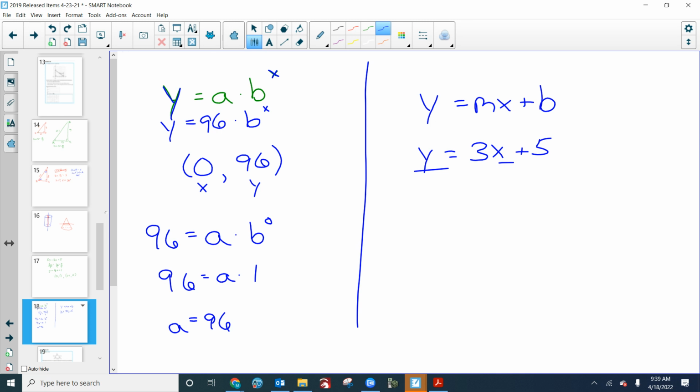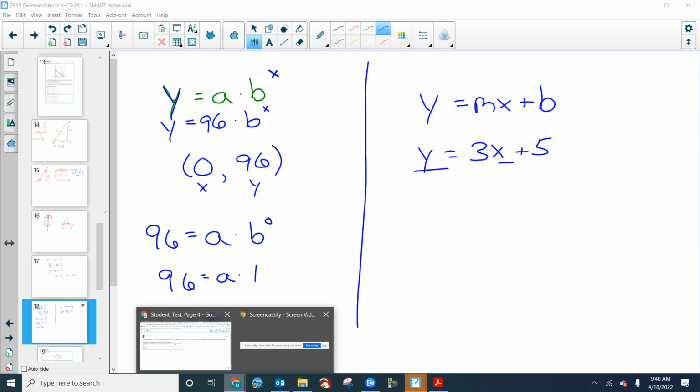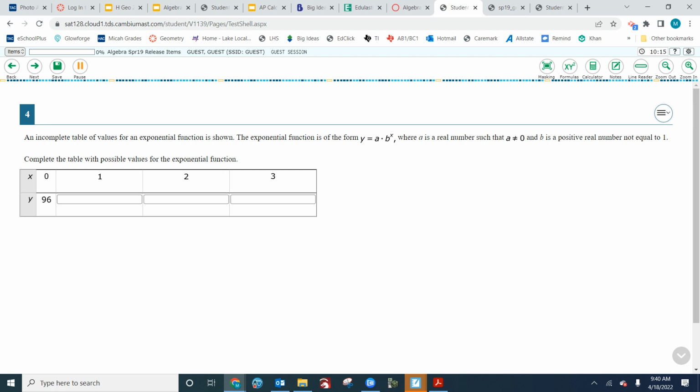All right, what else? Do we have enough information to solve this? What's the key word here?